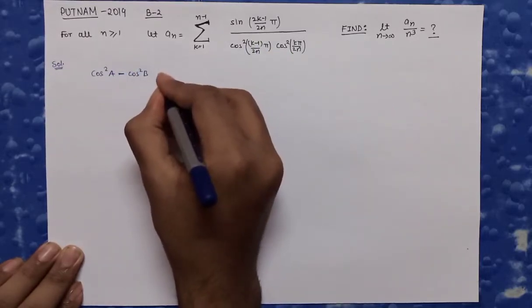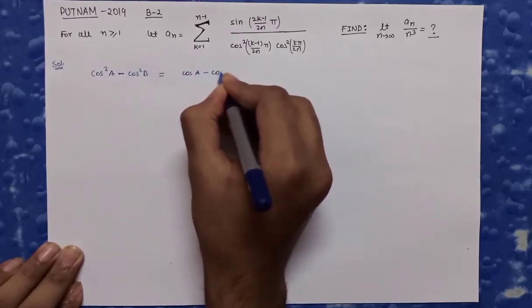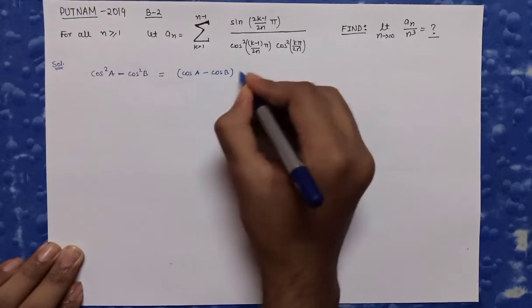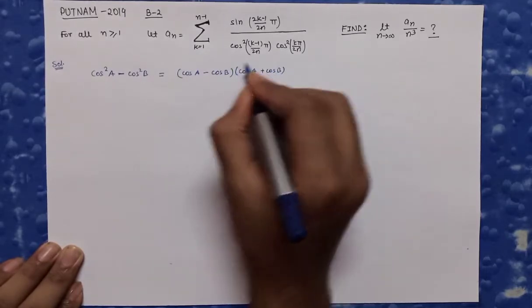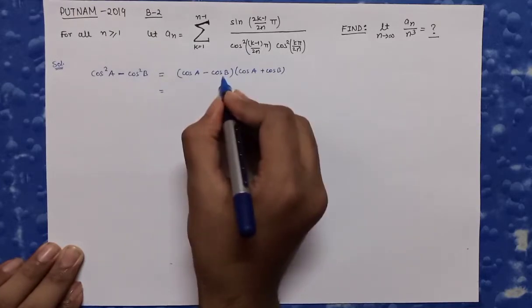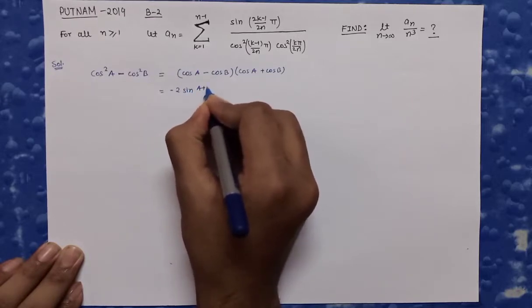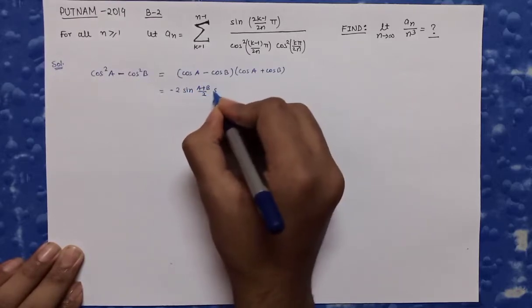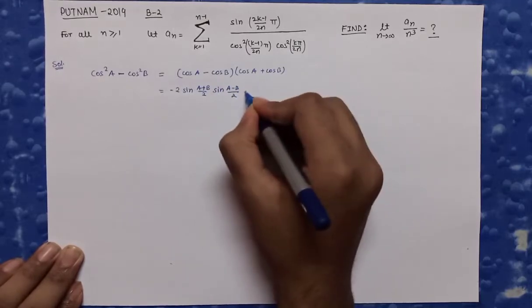Now let us solve for this. I can factorize it: (cos a minus cos b) multiplied by (cos a plus cos b). If I apply the identity, cos a minus cos b is minus 2 times sin((a plus b) by 2) multiplied by sin((a minus b) by 2).